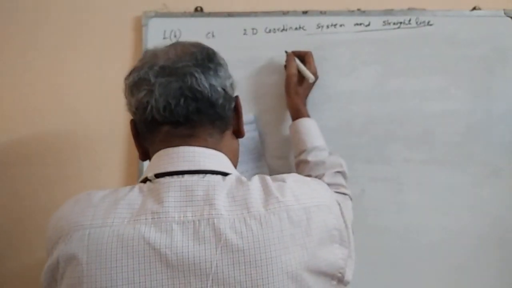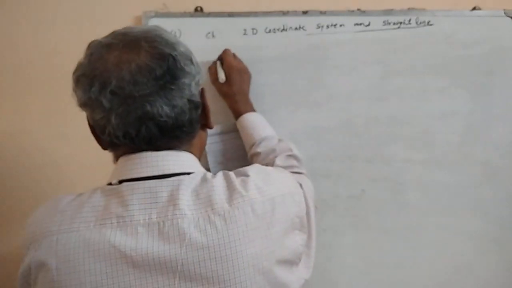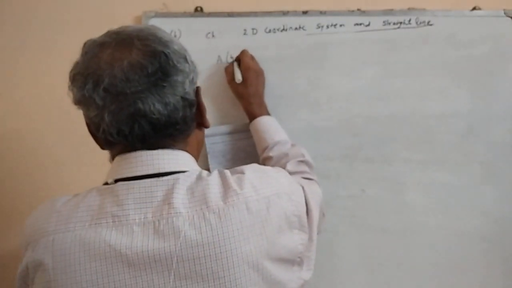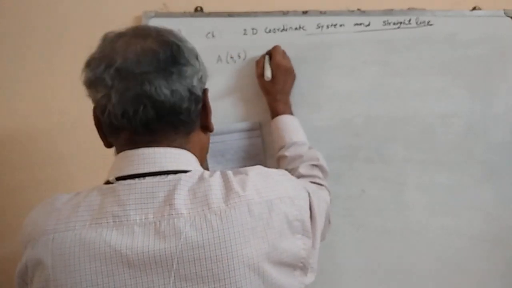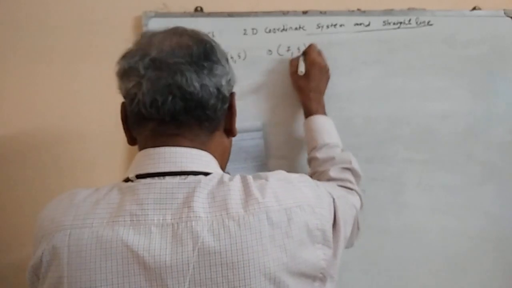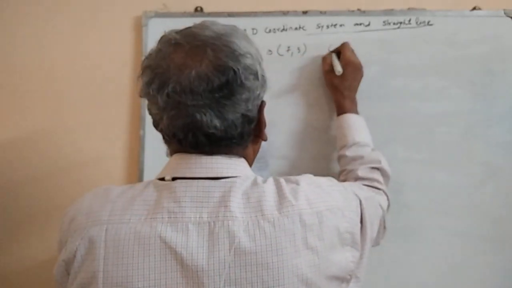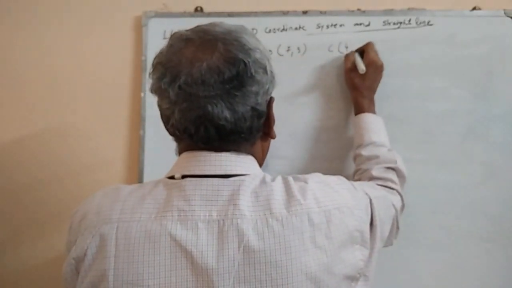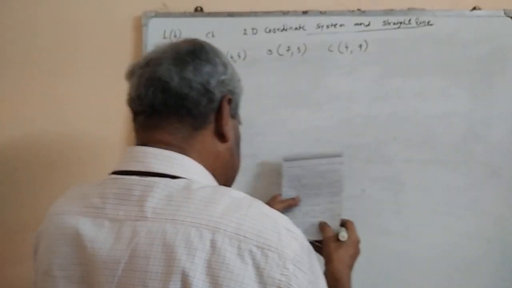The vertices of a triangle are A (4, 5), B (7, 5), and C (4, 9). These are the vertices.